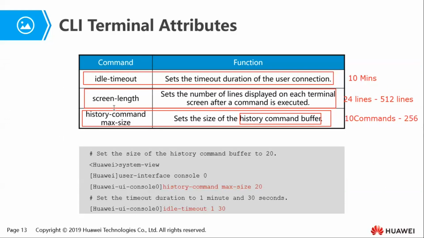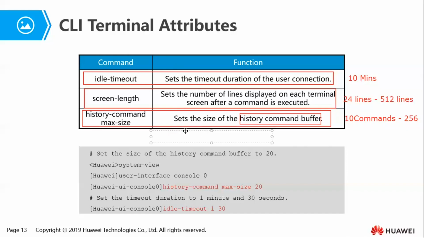So it's important for you to understand these attributes and especially their default values. Idle timeout is 10 minutes. Screen length is 24 lines. History command by default saves 10 commands. How do you access whatever has been saved in the history command buffer? You use the up arrow or the down arrow on your keyboard. Again, this is a question I think I also saw in the exam.